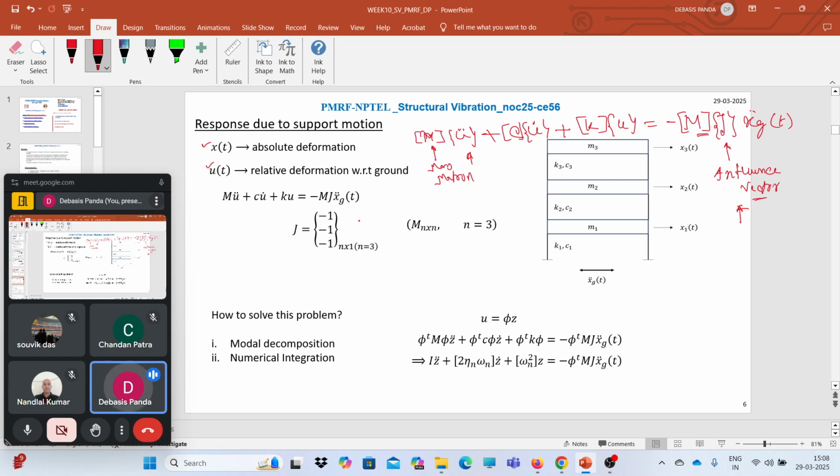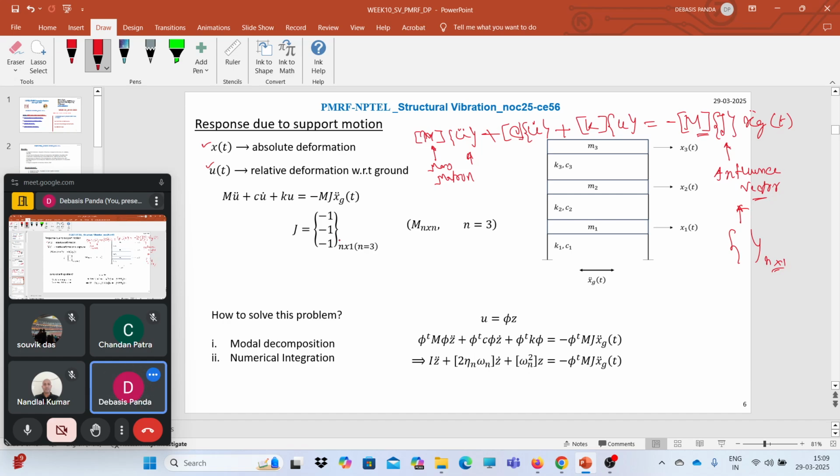Generally this is an n cross 1 vector, where if we want to specify that the forcing function will act on a particular mode or will be absent on that particular mode, we can easily regulate it, right?